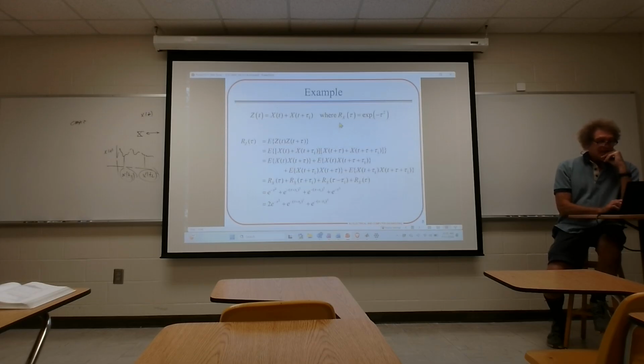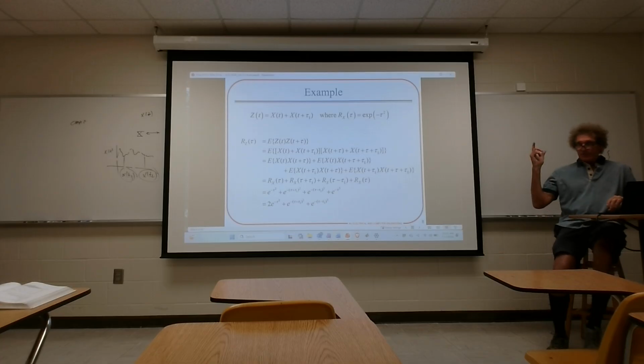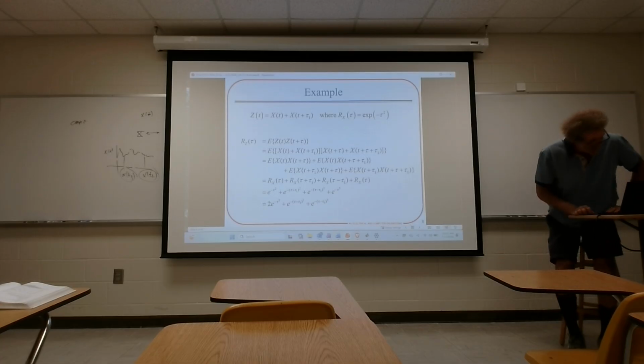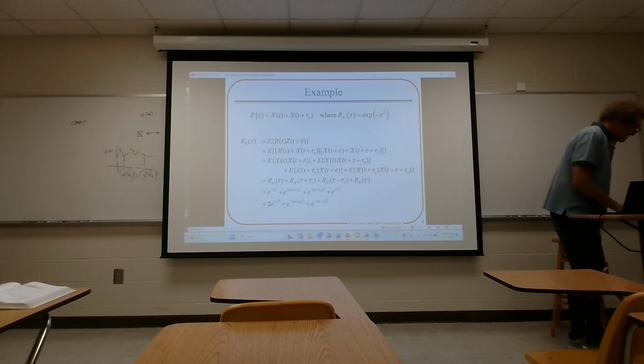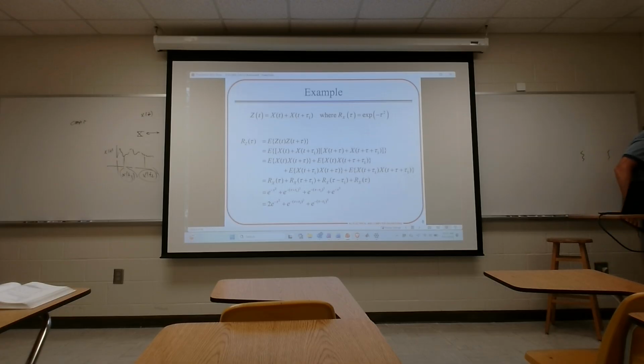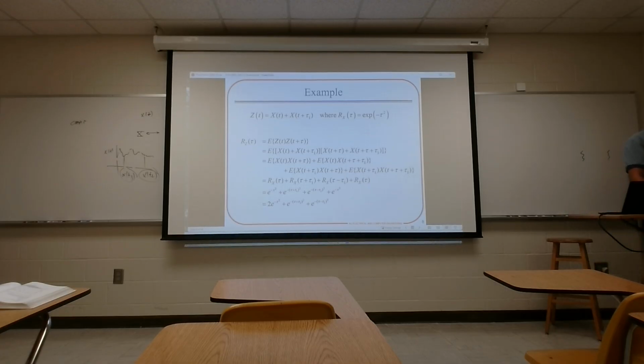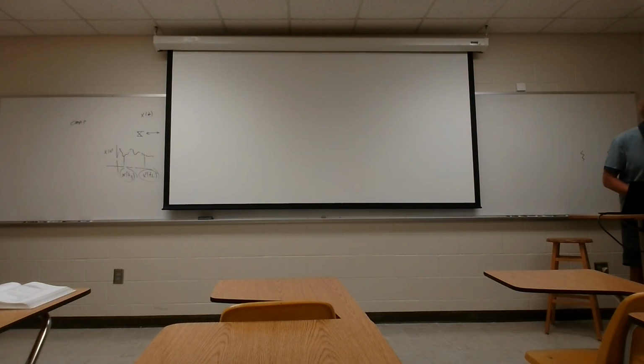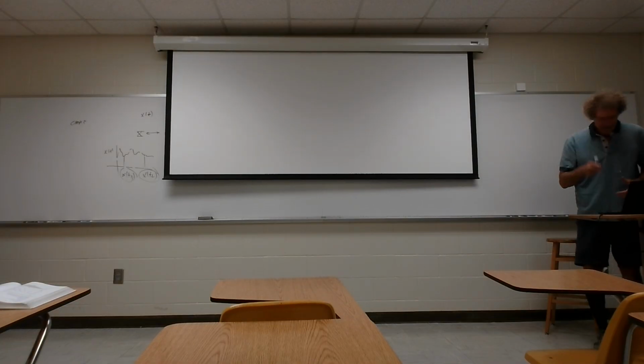So here's an example, and y'all with me on this one, just bear with me. All right, now you'll notice we're going to assume we have a process x of t. Matter of fact, let me put this up on the board. I have a feeling this example really does a good job of showing what's going on.